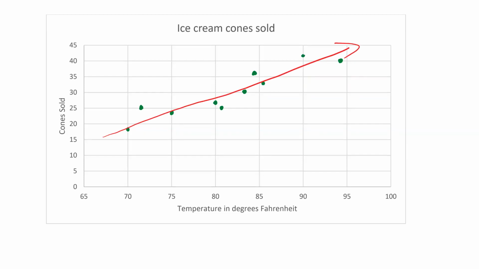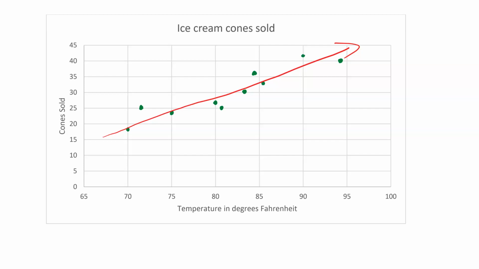So if we think about that in the context of the problem, that basically means that as the temperature is rising, the number of ice cream cones is also rising, which makes sense, right? The hotter it gets, people are probably going to want more ice cream. If it's a bit colder, they're probably not going to want as much ice cream. So this makes sense. As temperature rises, ice cream cones sold also rises.